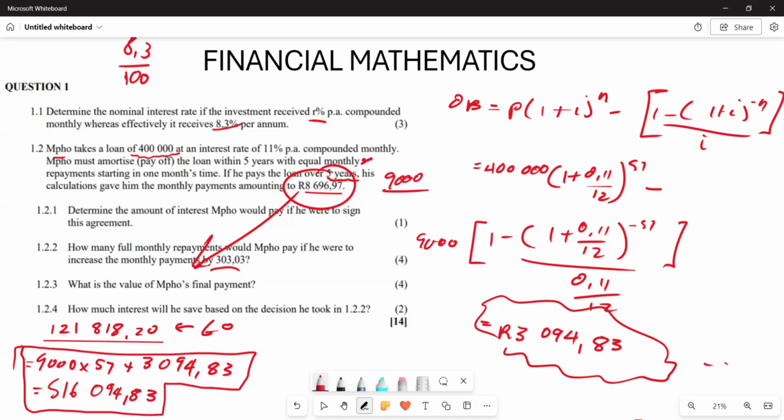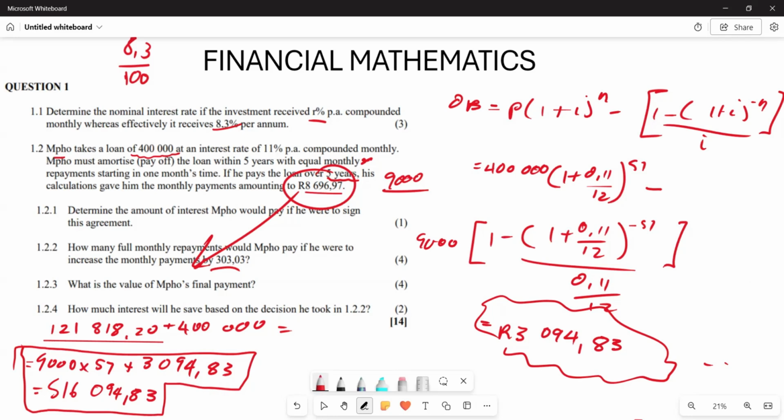The interest, 121,818.20, plus the 400,000, because the 400,000 is the amount of money also required to be paid. So 121,818.20 plus 400,000.